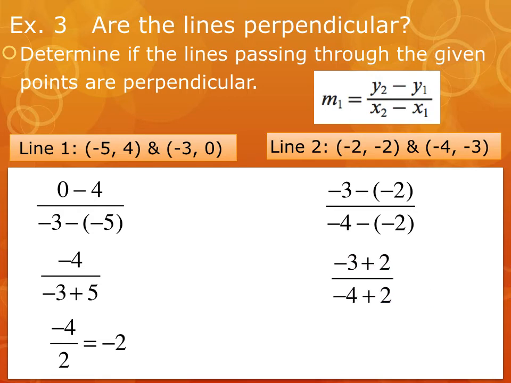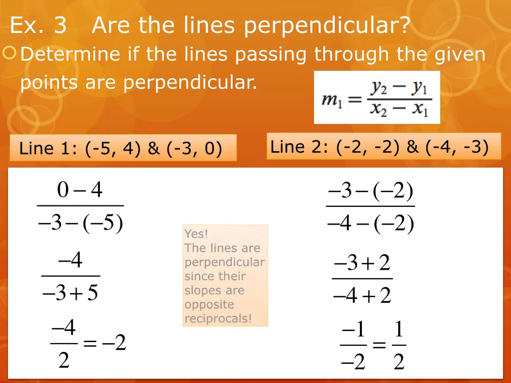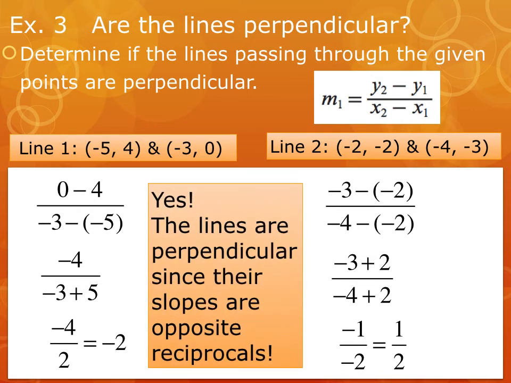Let's combine those integers. And because these two lines have slopes that are respectively -2 and 1/2, then yes, the lines are perpendicular since their slopes are opposite reciprocals. So notice we solved that problem without the coordinate plane, but by using the formula for slope.